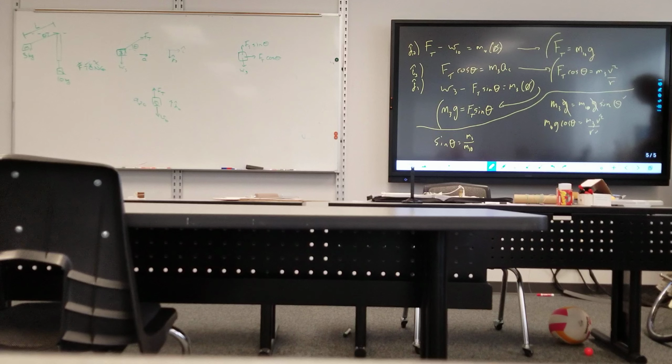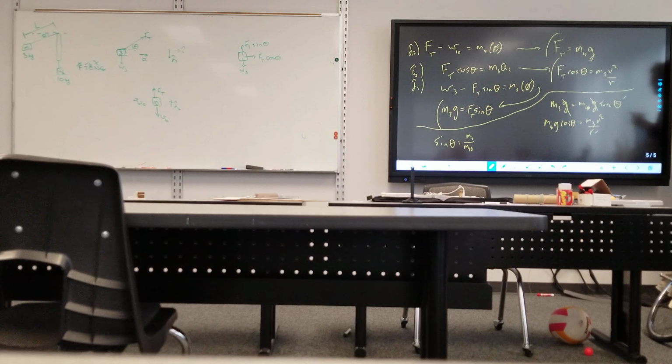Plug in what? Because we already know that. Never mind. Okay. Should we set it to 0? Set what equal to 0? We get sine theta minus M3 over M10 equals 0. We could, but I don't see where that helps us.